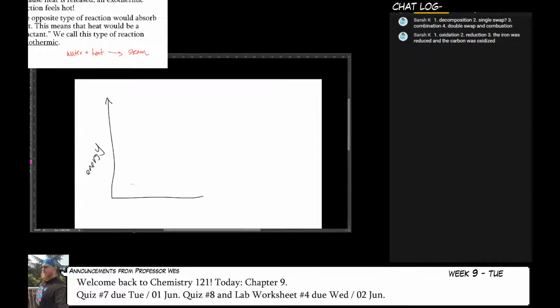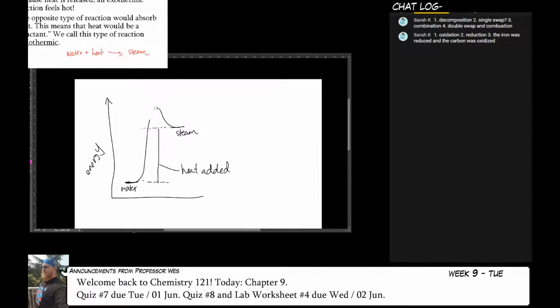I think everyone would agree that water has less energy than steam, right? Water at room temperature won't hurt you, but steam sure will. It has more energy. So if I provide the heat, which would be the difference in these two, I would then generate steam.